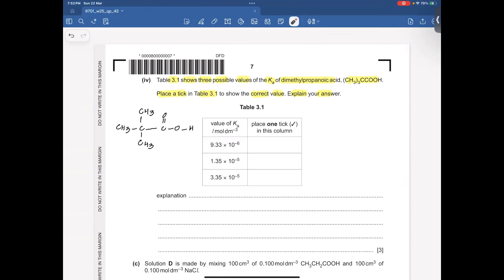So what's going on basically when we attach electron donating alkyl groups to this? By the way, all alkyl groups have a positive inductive effect, and this positive inductive effect is represented by this. Now this carbon is extremely electron rich because of these three alkyl groups.